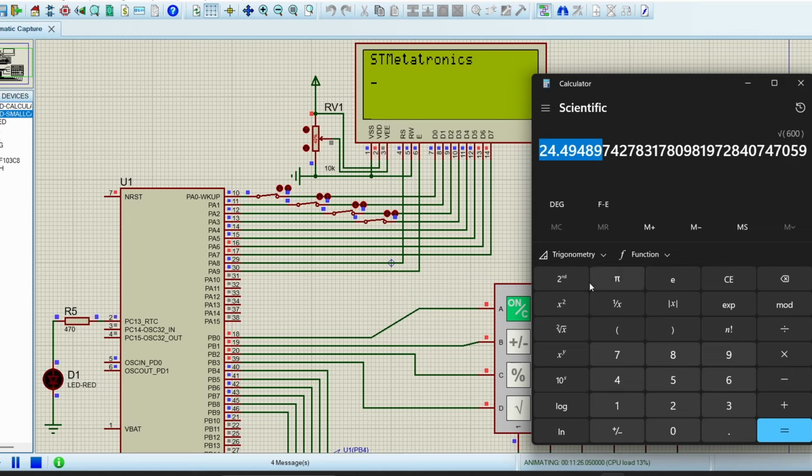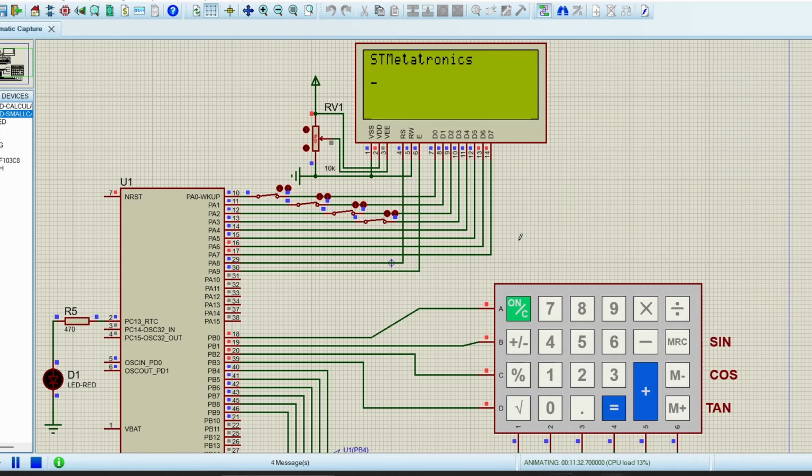Now we will test the sine, cos and tan functionality. We will get the sine of 150, which should be 0.5. We press sine of 150 and OK, and we get minus 71487.